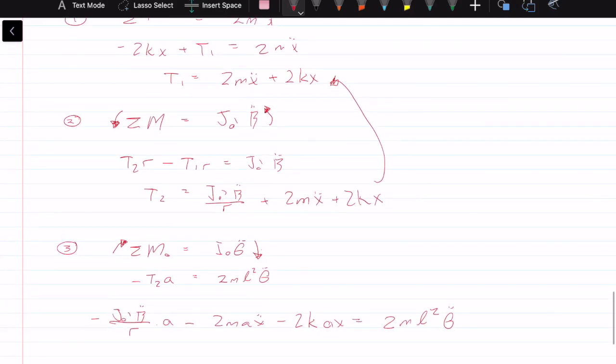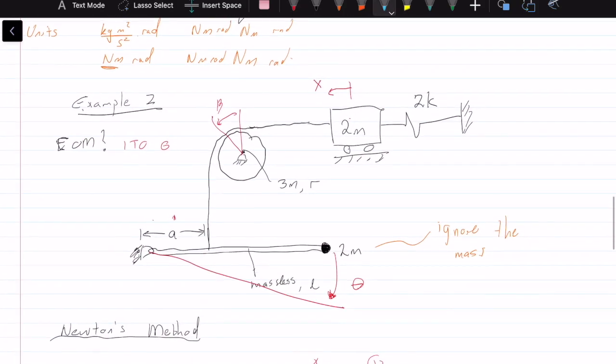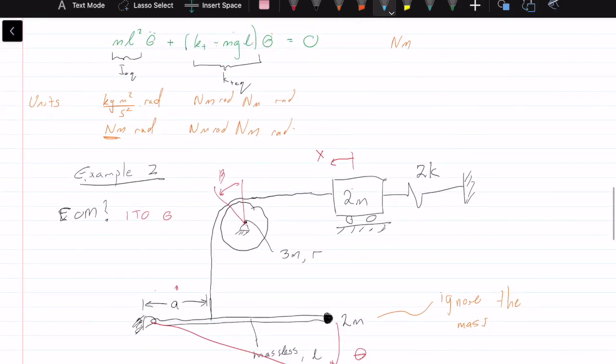Now we need to get this all in terms of theta. So how are we going to do that? Let's get the relationship here. Whatever distance this goes, that distance there is equal to x.